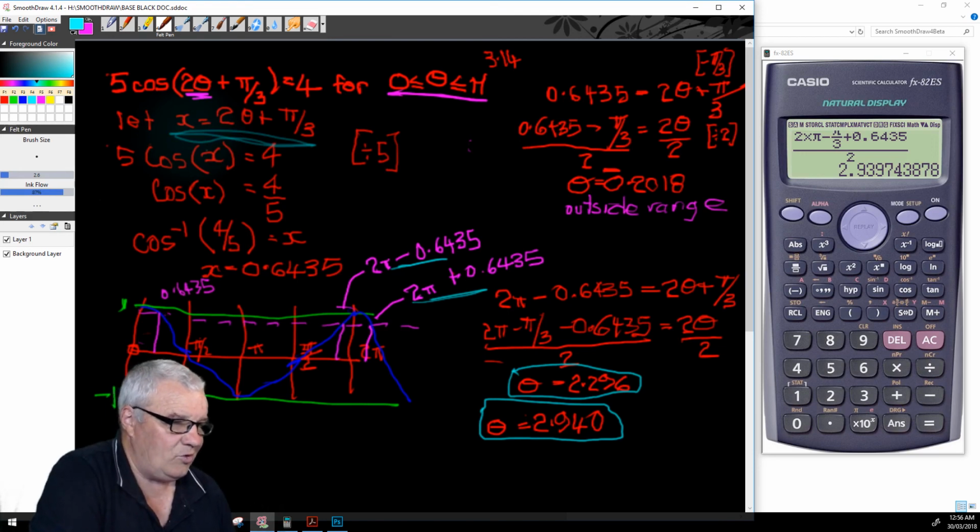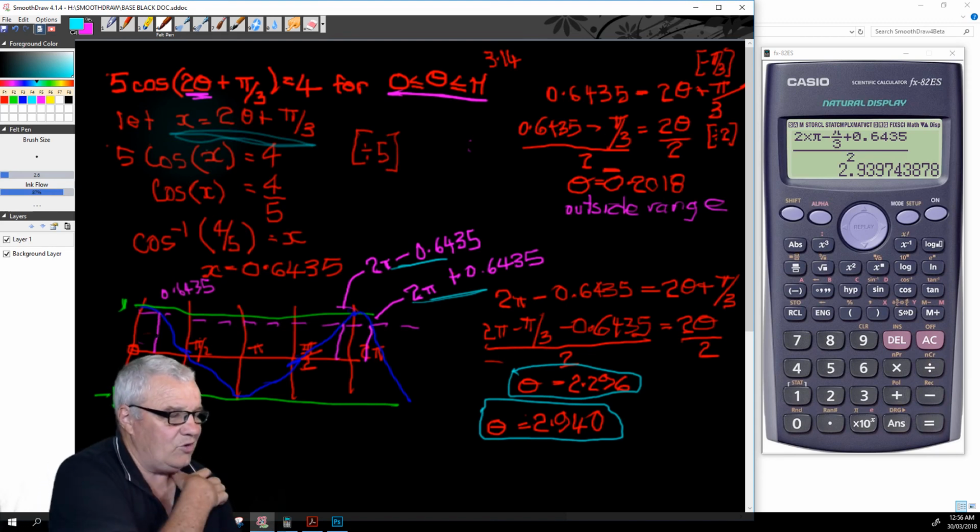So that's a solution of x, which is this distance here, 0.6435. But when we worked out that one there, we found that it was negative. So it's outside the range. So that's not a solution that we need.